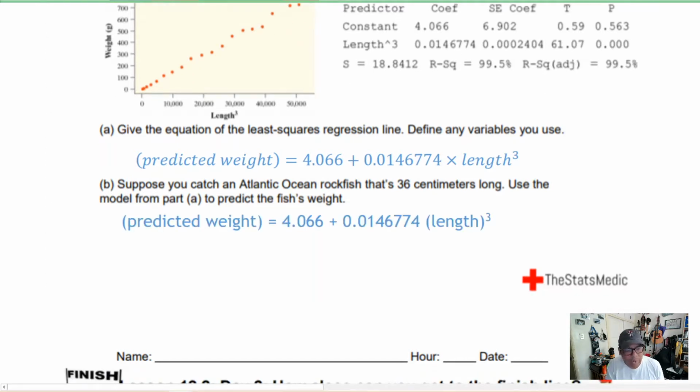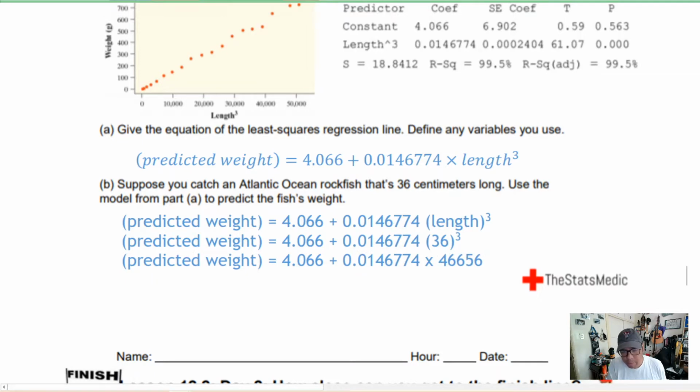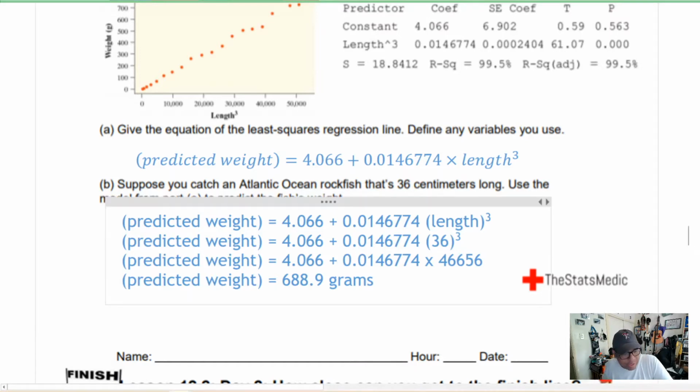Always start by writing your equation. Substitute the length. Use the order of operations. And then just solve. Now remember that you have full access to your calculator at all times here. So really the less arithmetic stuff you do, probably the better off you're going to be.